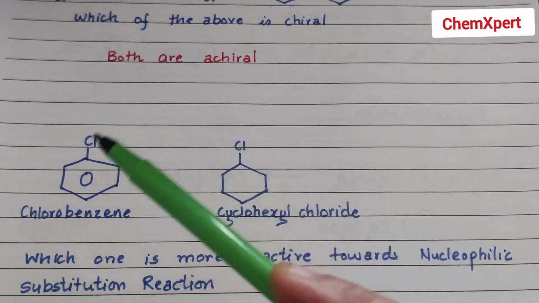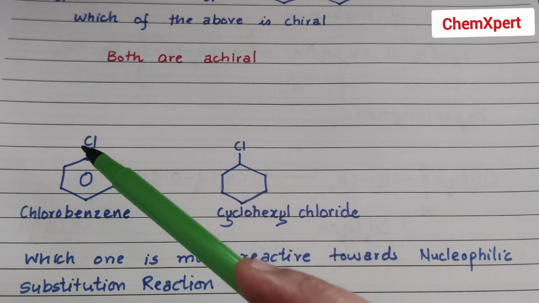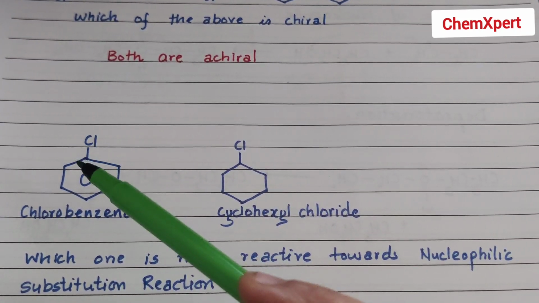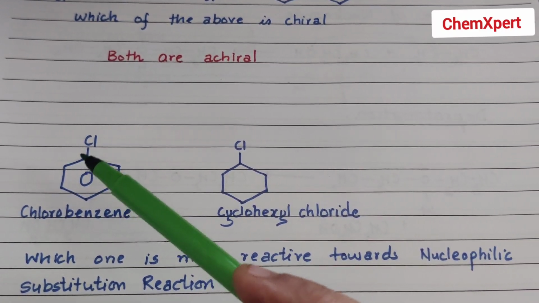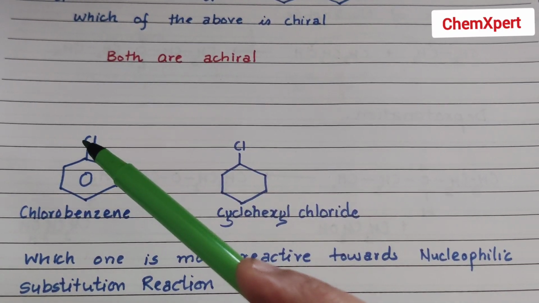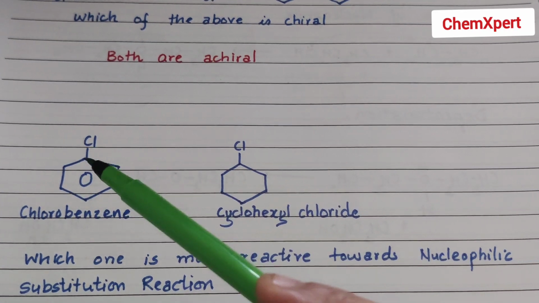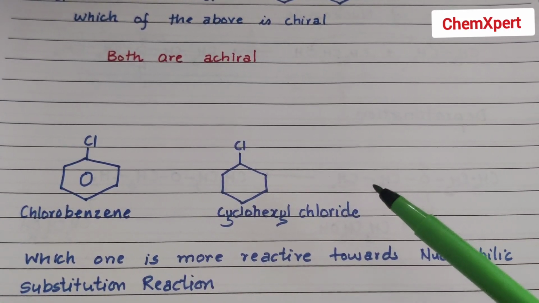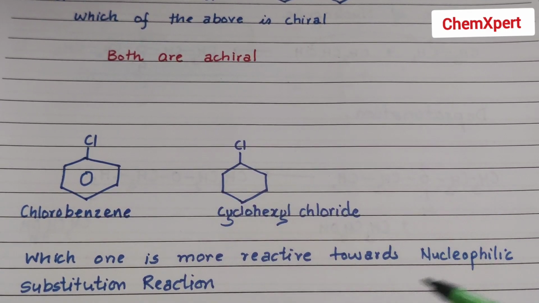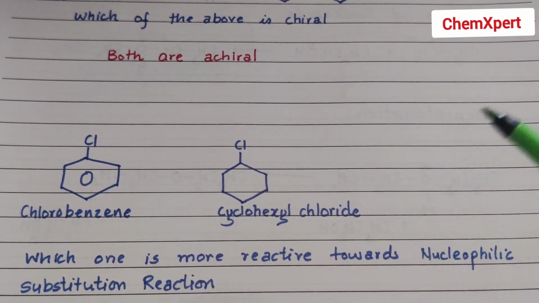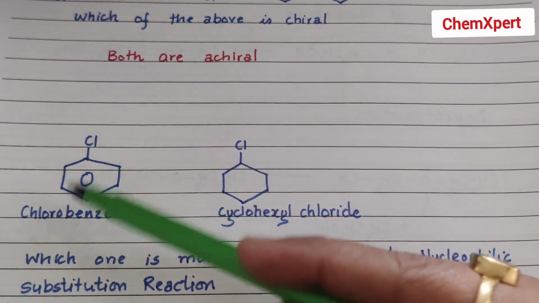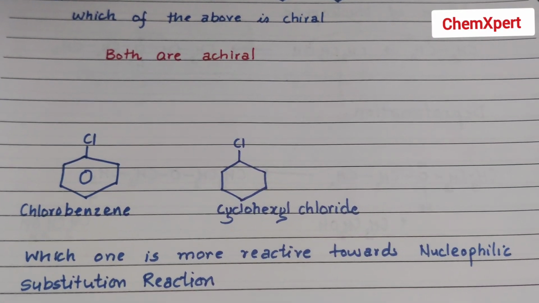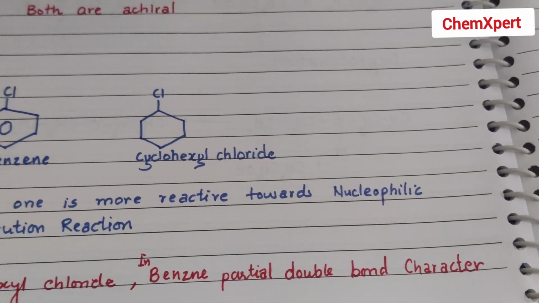The reason is that a partial double bond character arises here, and the carbon here is sp2 hybridized, so it is difficult to remove the halogen. So chlorobenzene is less reactive in comparison to cyclohexyl chloride towards nucleophilic substitution, and the key word is that in chlorobenzene there is a partial double bond character, due to which it becomes less reactive.